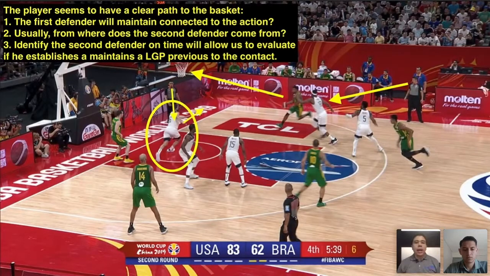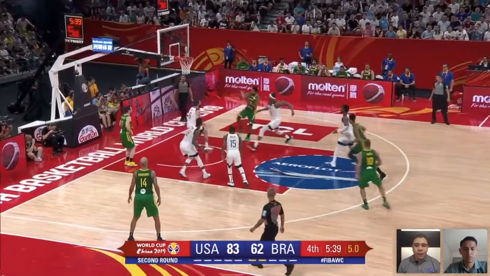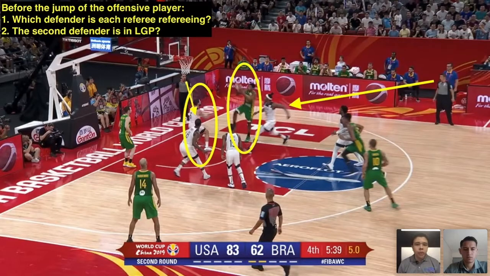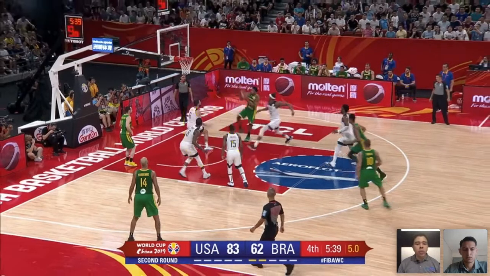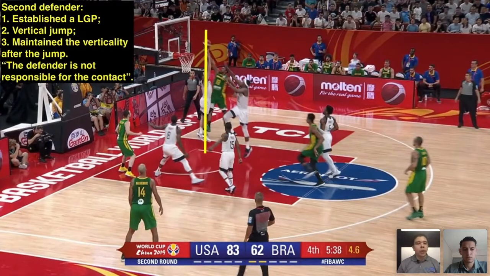As quickly as I get the defender, it will be better for me to judge the action properly. Then the player continues. The trail referee continues with the first defender, and the lead referee goes to the second defender, who is coming from the paint and is in his primary area.